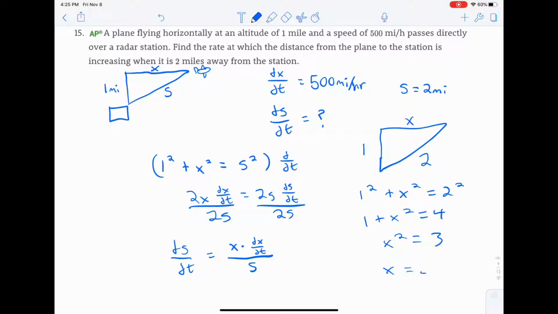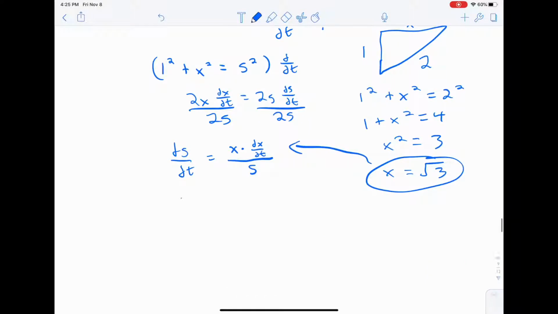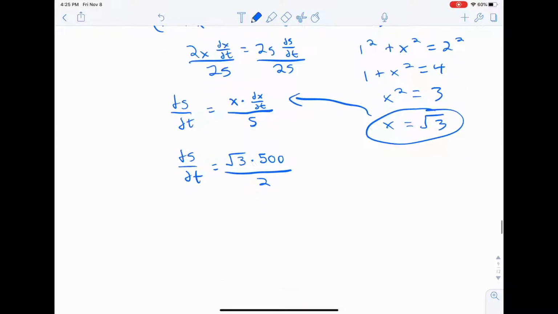So x is equal to root 3. Plug that into this equation. So ds/dt equals root 3 times 500 over 2. Simplify that down, leaving you with 250 root 3.